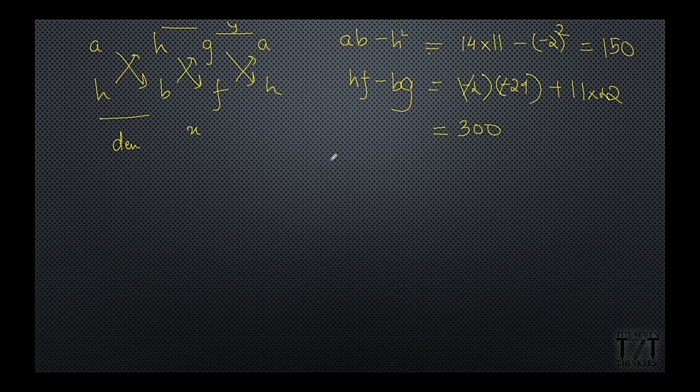And similarly, hg minus af will give the numerator for the y part, and that would be equal to minus 2 times minus 22 with a minus sign, minus a is 14, f is minus 29, and again this value will be positive.